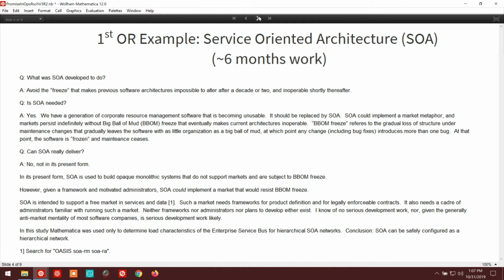Okay, such a market framework where information and transformation are bought and sold needs frameworks for product definition and for legally enforceable contracts. If someone doesn't pay, you have to be able to enforce it in the courts or enforce it somehow. It also needs a cadre of administrators that are familiar with running such a market. In other words, the administrators have to say not, "Gee, the software guys have it, we'll just complain to them."